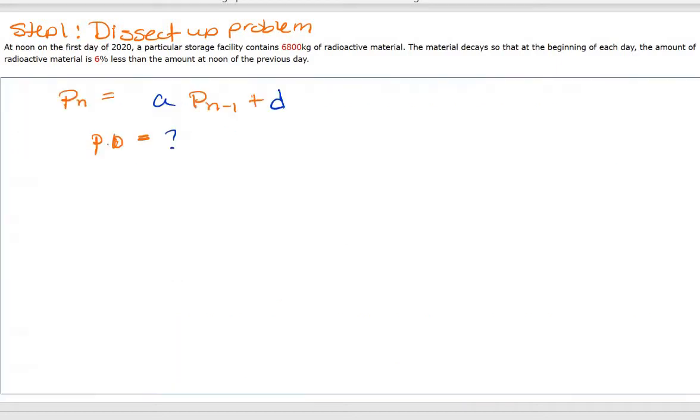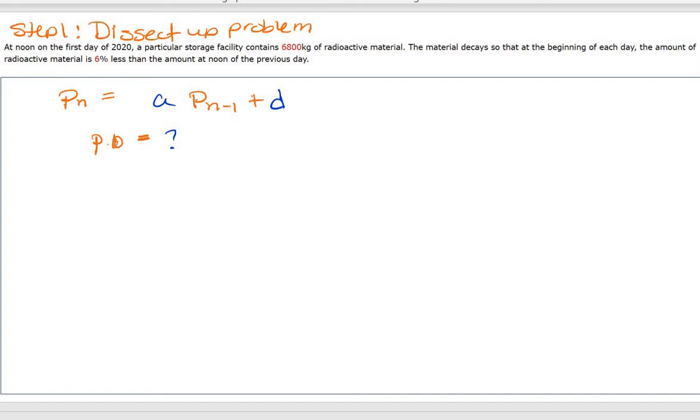Here we go. So when we get a word problem, at least for a few more weeks, all of the recursion models or discrete dynamical systems have some missing information in them. All you're going to be doing is working with what we call a linear discrete dynamical system, which takes this form.